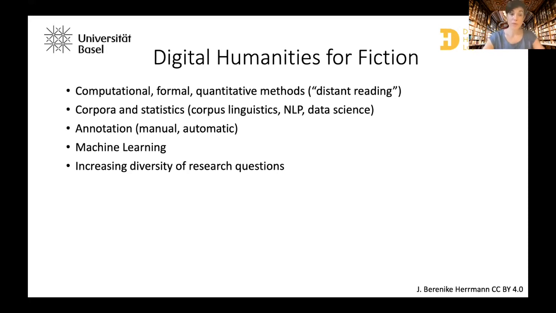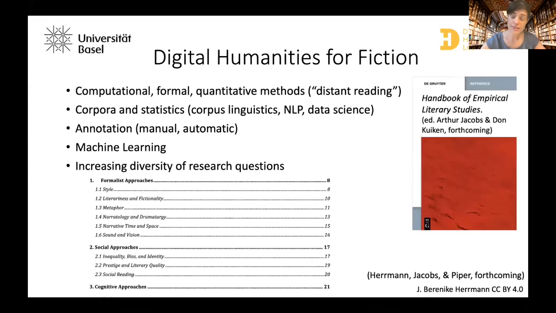There are many people, an increasing number of people, who use machine learning in digital humanities for fiction. And interestingly, we now have more and more research questions, and more and more research-question-driven research in digital humanities for fiction. My colleagues and I have just written down an overview of this latter thing, the research questions.